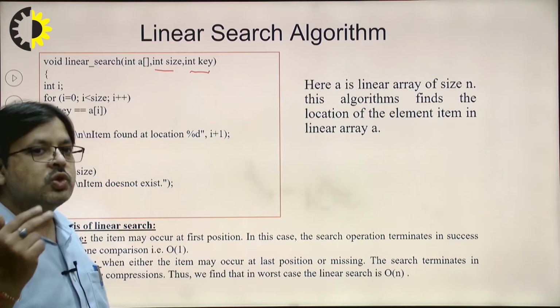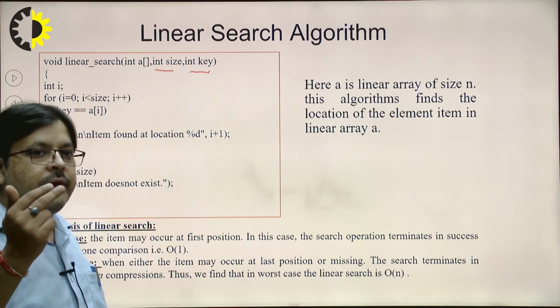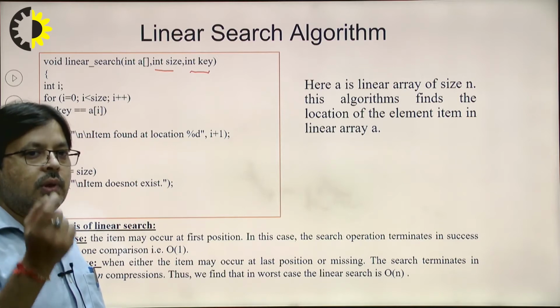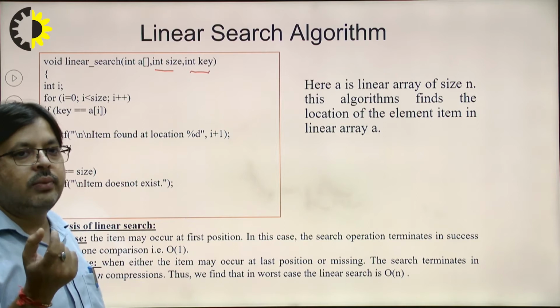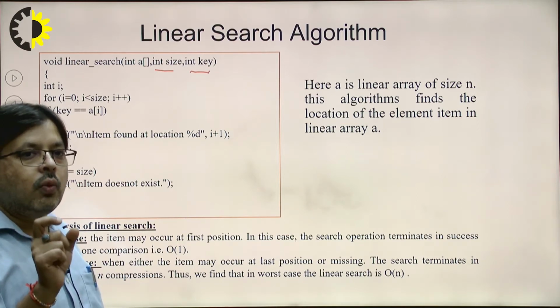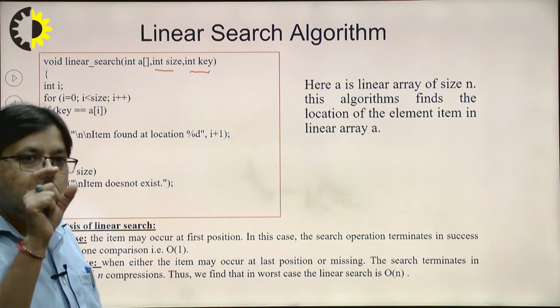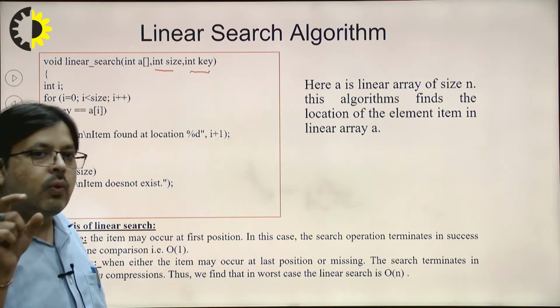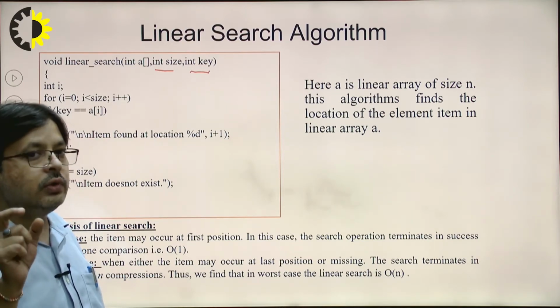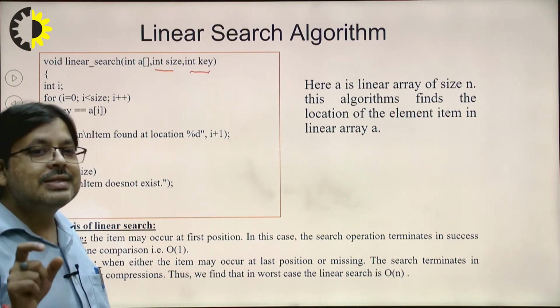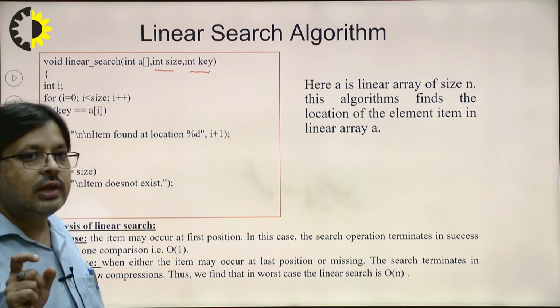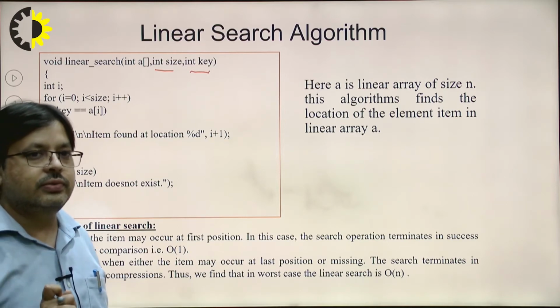The second possibility is when we reach the condition where I equals size, meaning we scanned the whole array. What does it mean? It means that the item does not exist in the list, that means the search is unsuccessful.